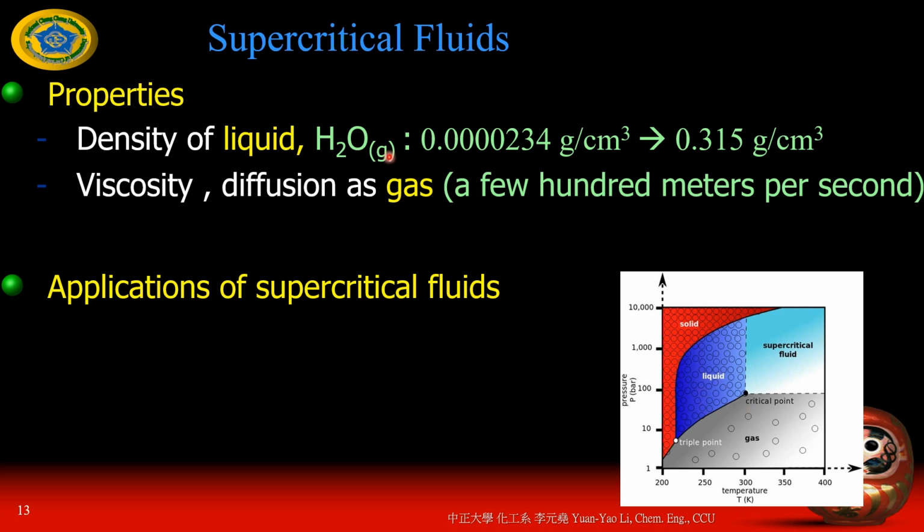Even though this is in the liquid state, diffusion means how fast the molecules can move. They can move very fast. Viscosity means friction, and the friction is very low, like gas. So this kind of fluid has a good part of the liquid and a good part of the gas.